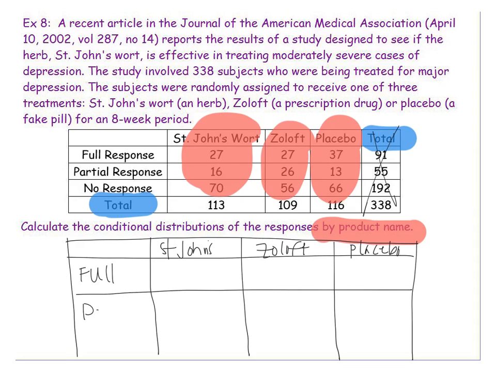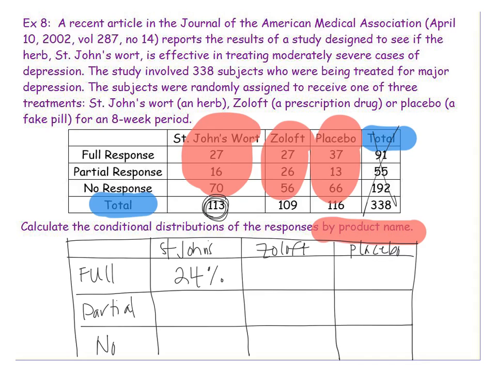We have partial. And then we have no response. So all you have to do, start with St. John's wort. The total for St. John's wort is 113. So we're going to take each one of those numbers, divide it by 113, multiply it by 100. So 27 divided by 113 times 100 gives us 24%.